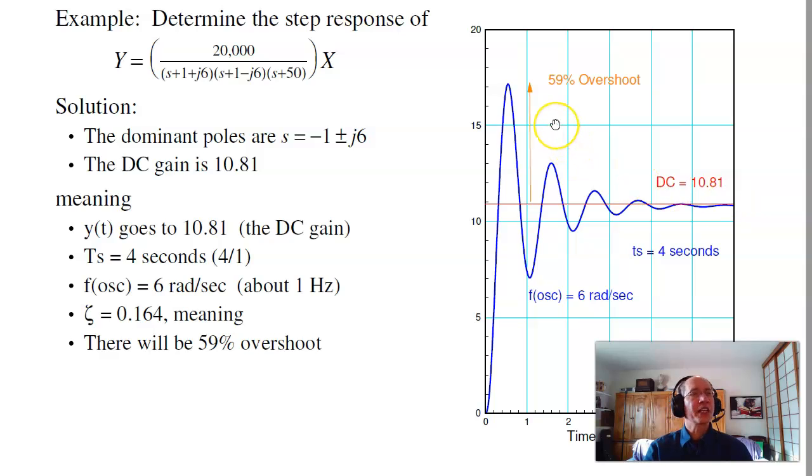If I calculate overshoot in that previous equation, that also tells me that the angle of the pole corresponds to damping ratio 0.16. The overshoot then is 59%. I'm going to go from 0, overshoot by 59%, and then settle out at 10.81.